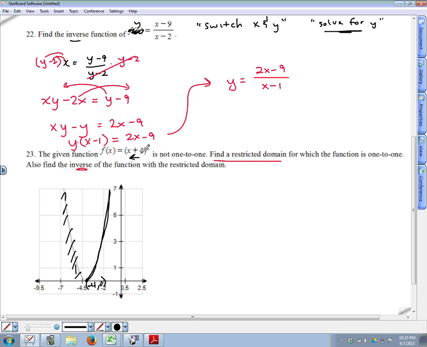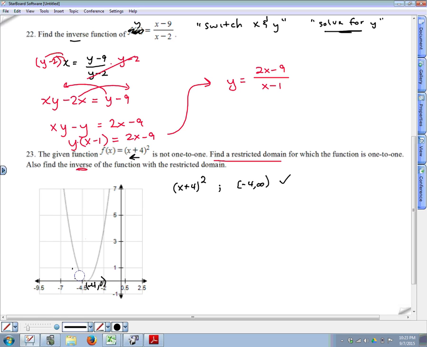So if we use the same function, (x + 4)^2, but only use the domain of -4 to infinity, that would produce just the right side of the graph. Now, that's one of the possible answers.